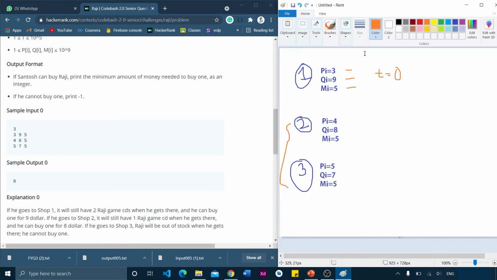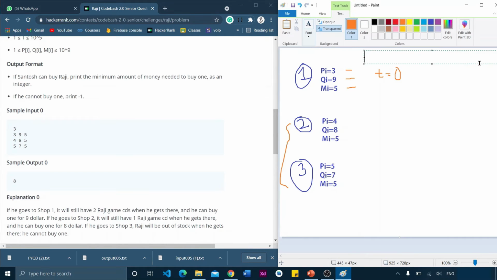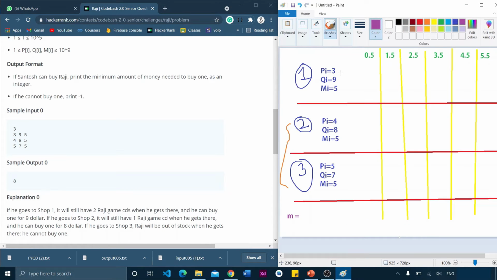Let us first write the time intervals when the stock of the game decreases by 1. I'll declare a variable m which stores the minimum amount our friend has to pay for buying the game. So let us go with the first shop.